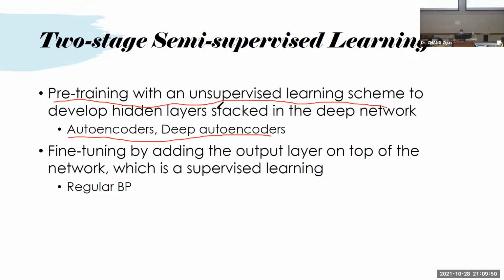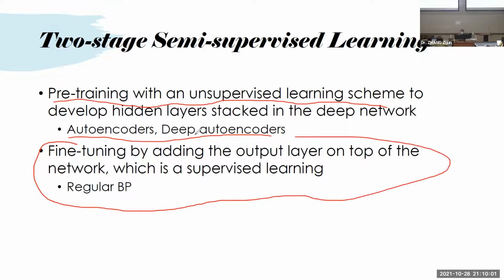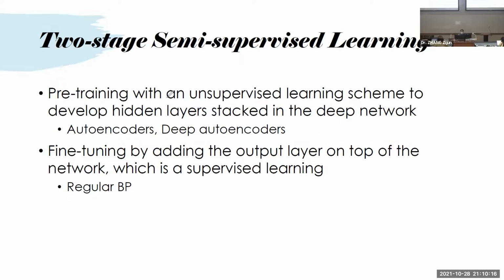Once the architecture is initially determined based on this unsupervised learning process, then on top of the problem, we assign the output layer of the network, then apply supervised learning to fine tune the network, which is regular backpropagation, as we have talked. So this is called two-stage semi-supervised learning.